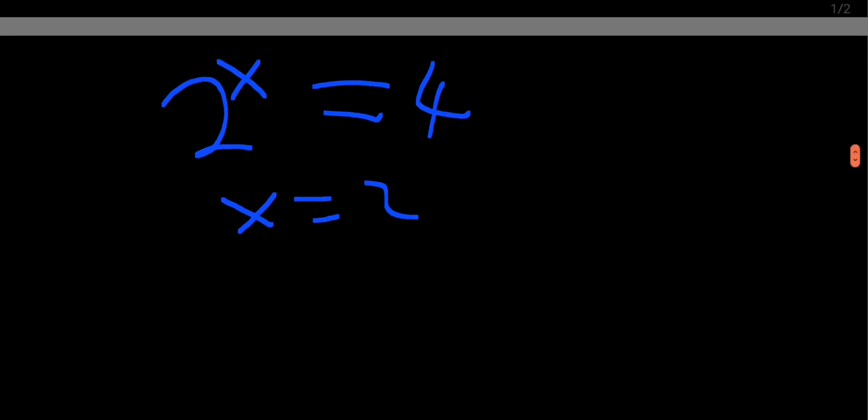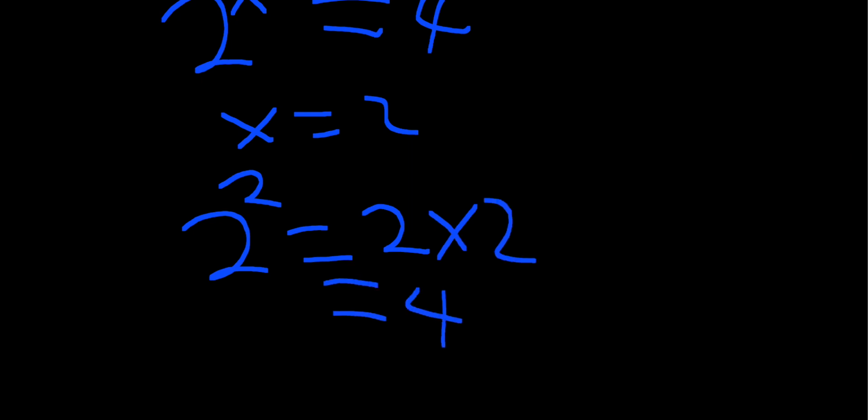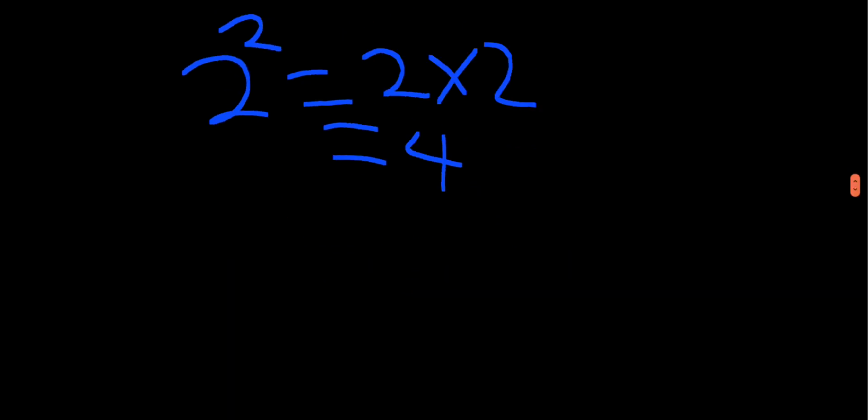So we are going to replace x with 2. This means that 2 to the second power, since x is now 2, is the same as 2 times 2, which is equal to 4. So as you can see, the answer we have here is the same as what is here. Clearly, our answer is correct.